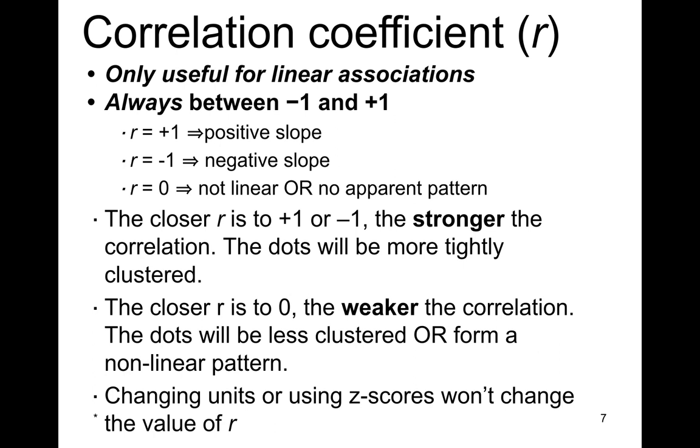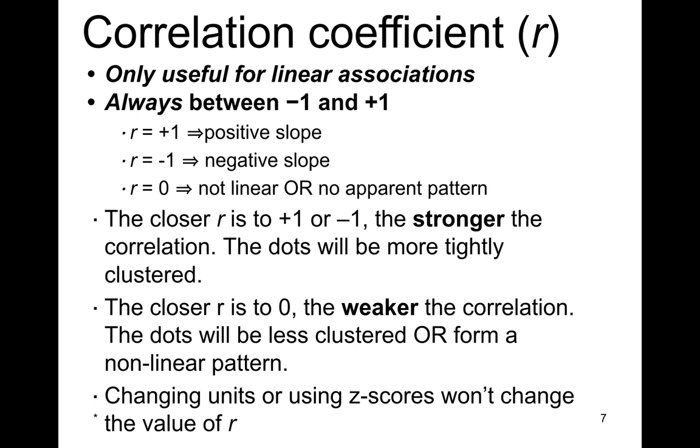The one useful thing about correlation that I haven't talked about yet is that if you change the units or if you use the z-score, it doesn't change the value of the correlation coefficient. What do I mean by this? In the textbook, there was an example where they measured the speed, the velocity of a bunch of cars going through an intersection, and they obviously measured it in miles per hour, and then they converted it from miles per hour to kilometers per hour.